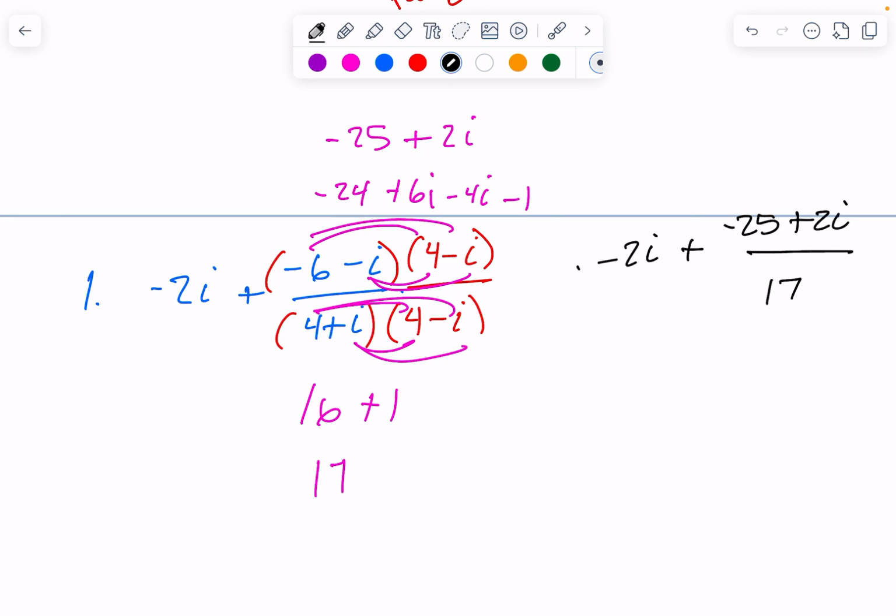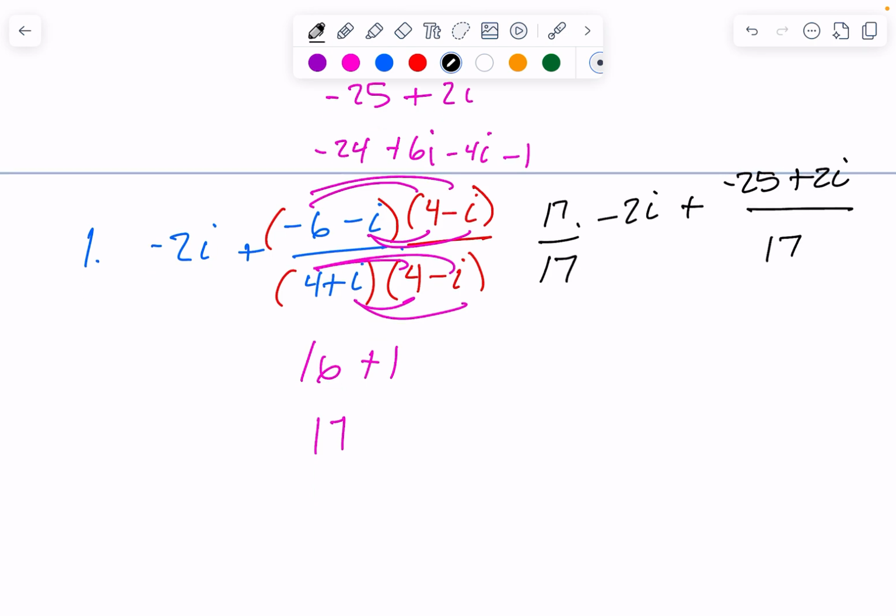Now we need a common denominator, so I'm going to times that by 17 over 17. And it's -34i minus 25 plus 2i.